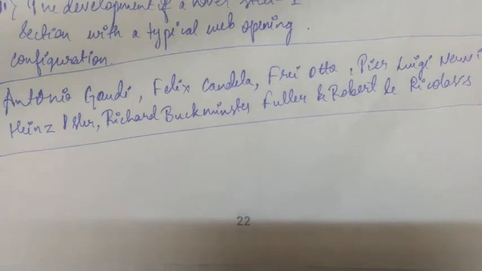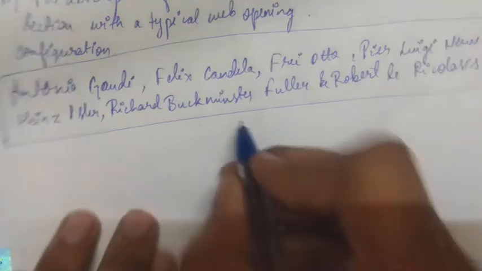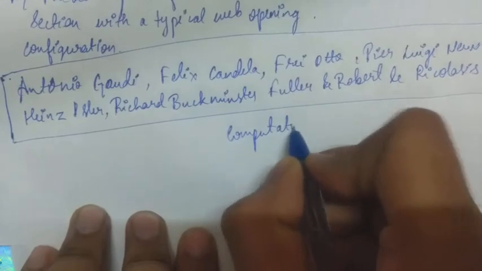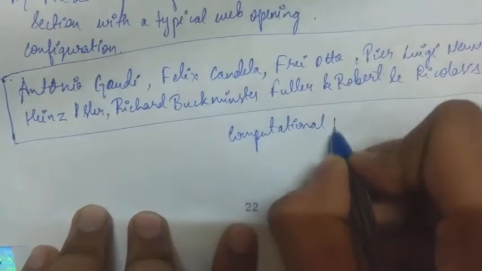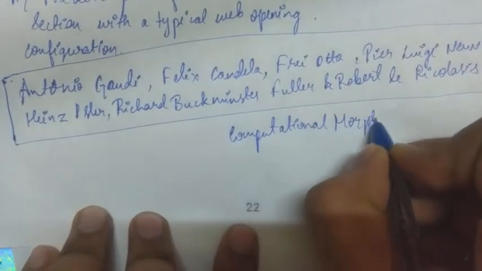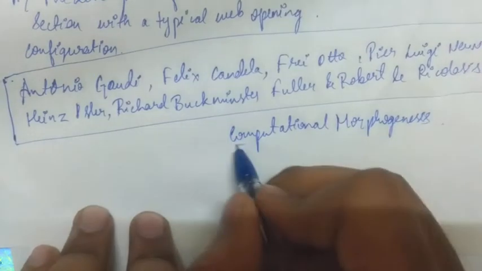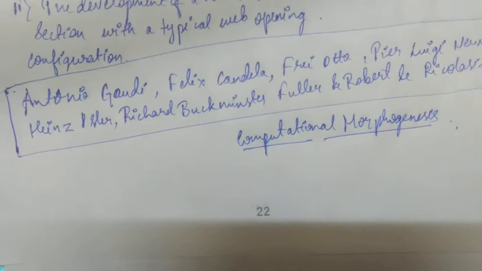In some cases, the result of a topological optimization study has been directly translated into the geometry of the final structure in a process called computational morphogenesis.